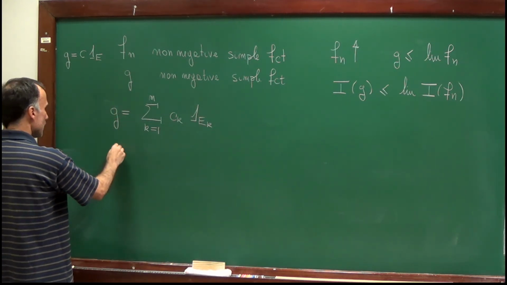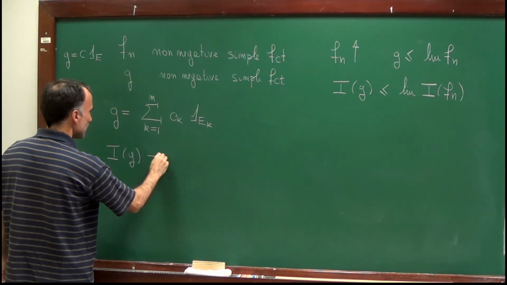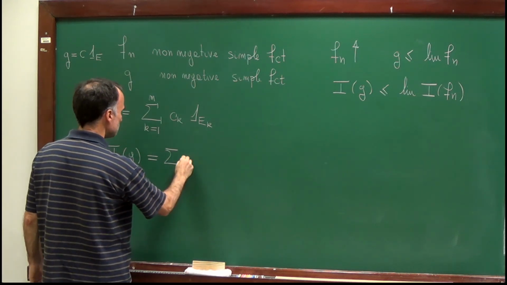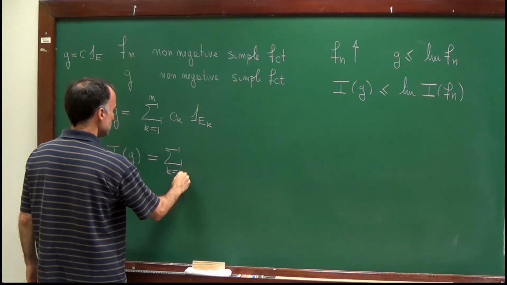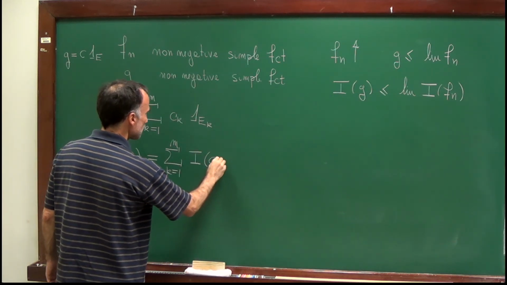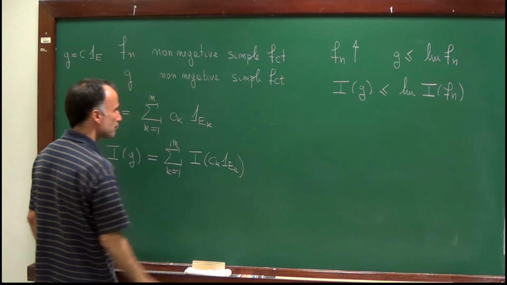Well, by linearity, the integral of g is equal to the sum of the integral of ck, the indicator of ek.